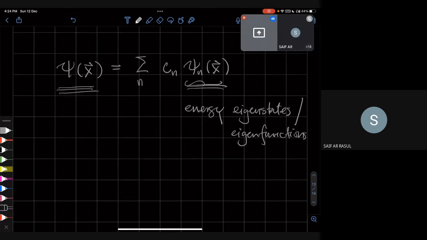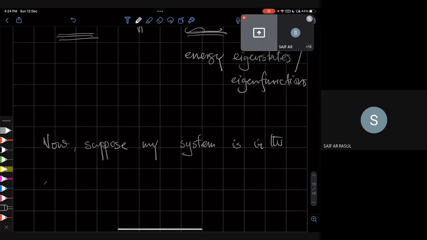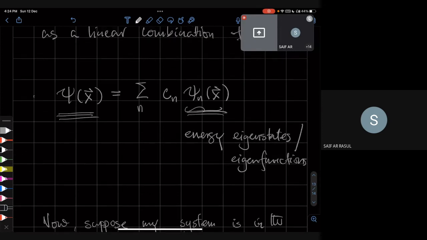So now, suppose my system is in this state psi.